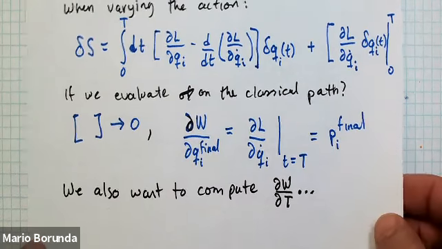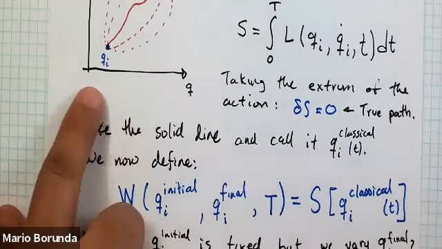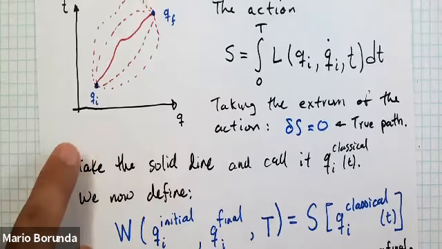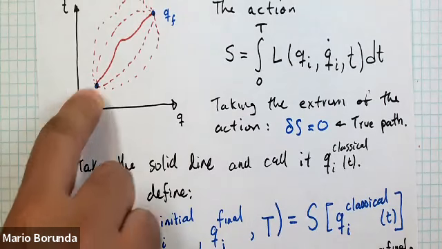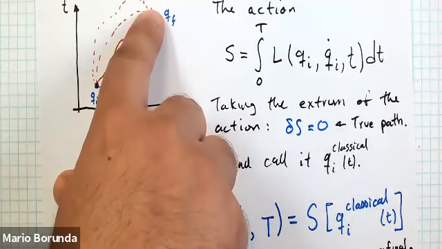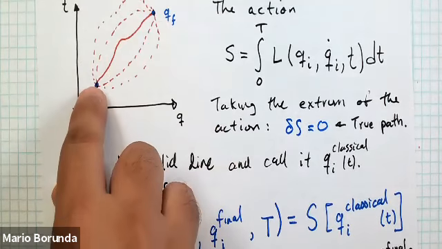So what we want to do is, let's take these guys right here. These are my paths again. And what we want to do is consider a classical path. So the solid one has a fixed initial condition.